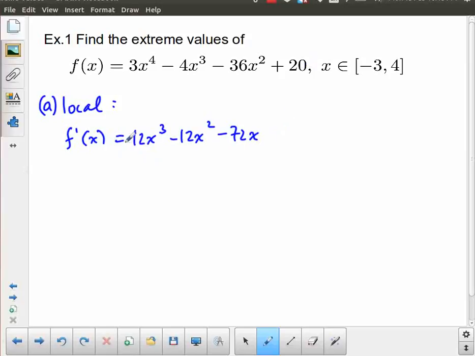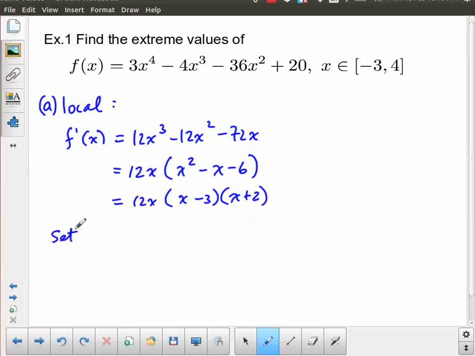Now I can go ahead and set this equal to 0, or because I know I'm going to be setting it to 0, I'm just going to factor it right in place here. I notice there's a common factor among the constants of 12, and among the variables there's an x. From that I end up with x squared minus x minus 6, and that's a simple trinomial which I can further factor as x minus 3, x plus 2.